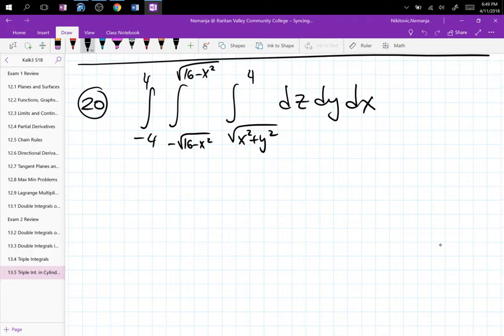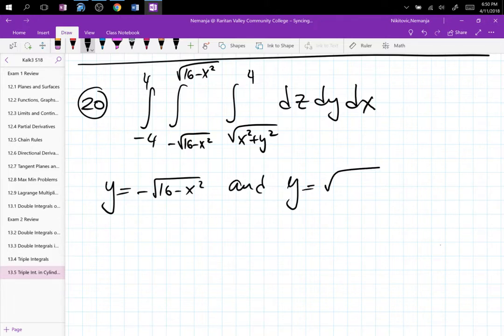Now I notice that on the middle integral, I have two functions presented to me, and I told you, look there first: y equals negative root 16 minus x squared and y equals positive root 16 minus x squared. What is this? y squared equals 16 minus x squared, which is x squared plus y squared equals 16.